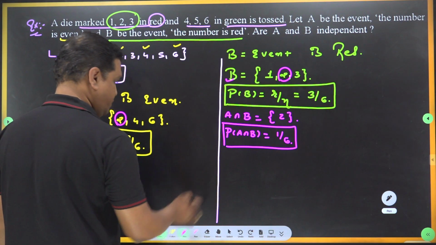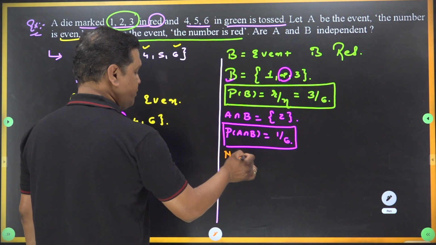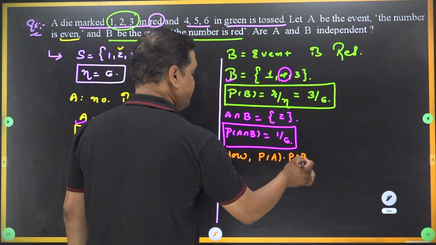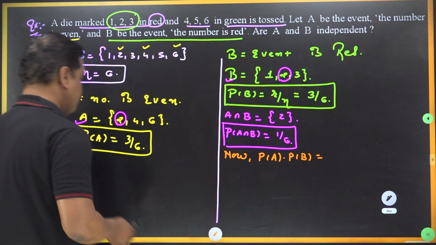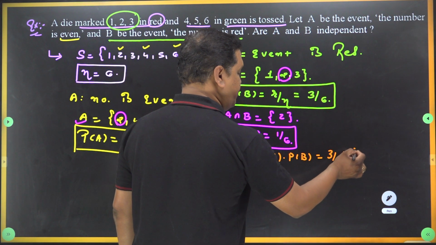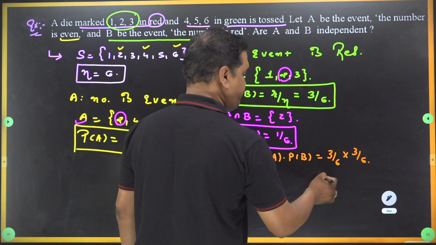So now check that PA into PB equal to PA 3/6, PB also 3/6.